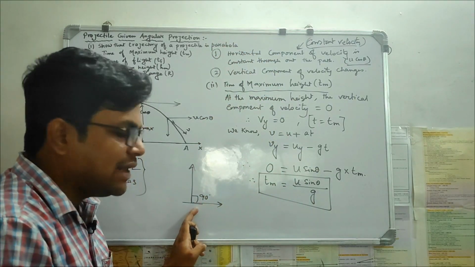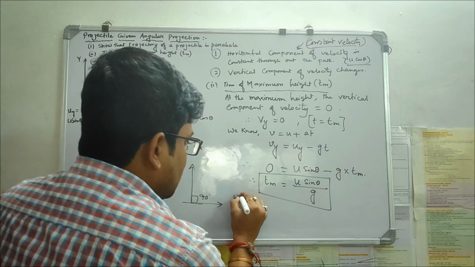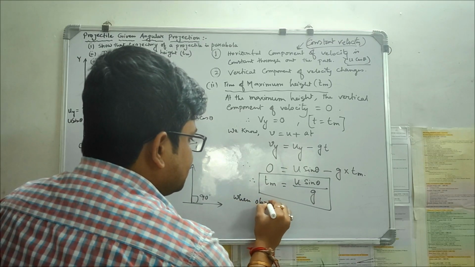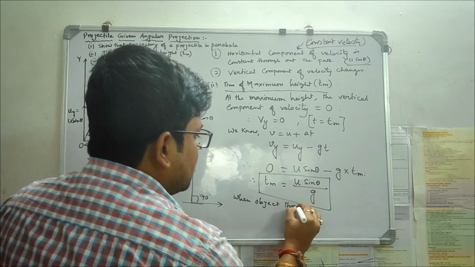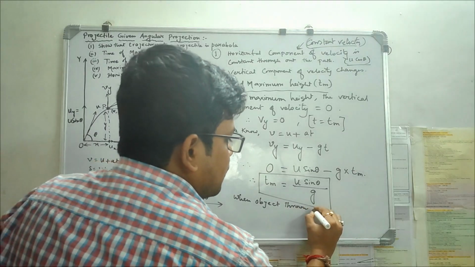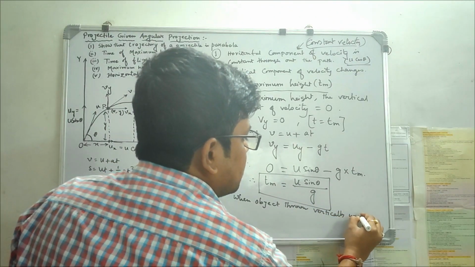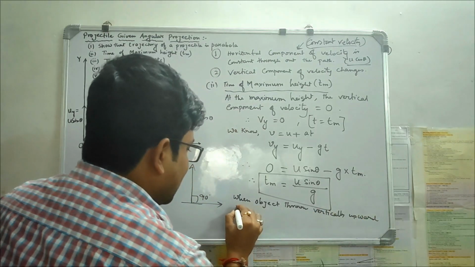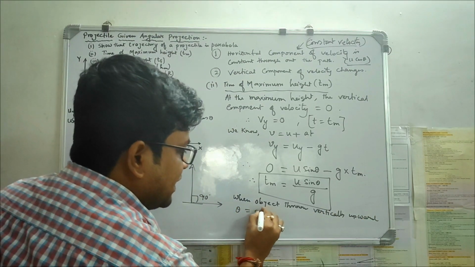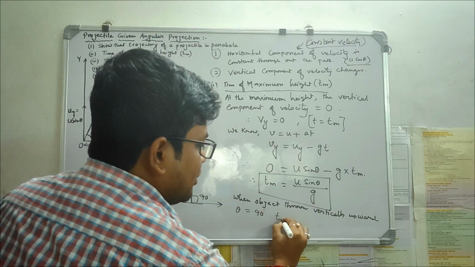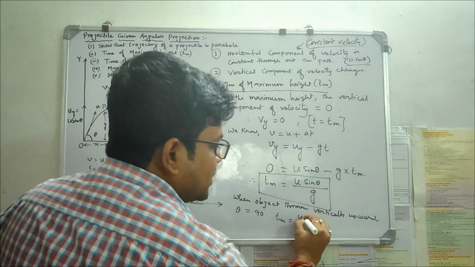That means it makes an angle of 90 degrees. So when an object is thrown vertically upward, theta equals 90 degrees. So the time required to reach the maximum height Tm, in that case, what will it become?